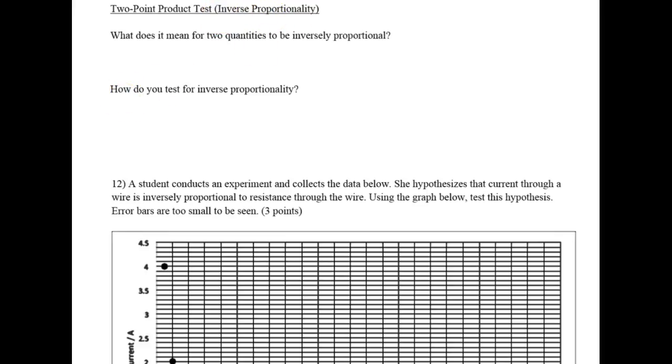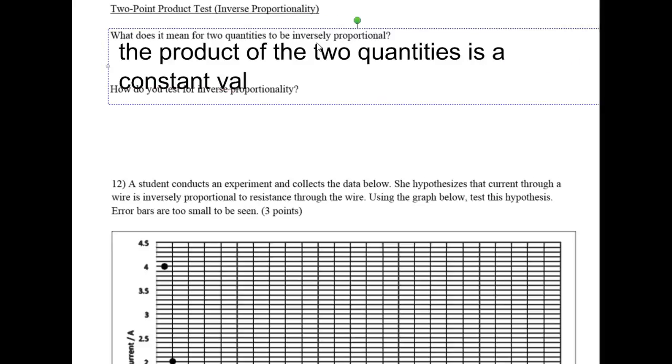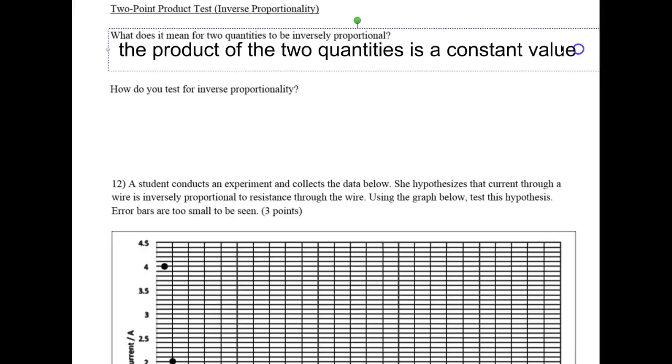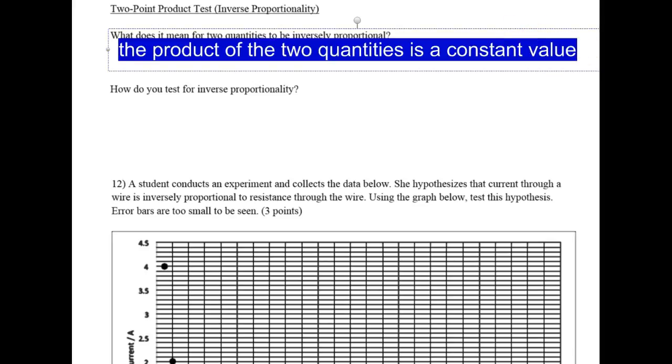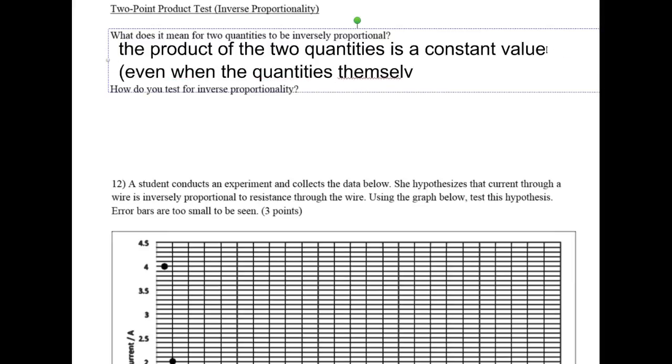Well, two quantities are inversely proportional. Here's the definition. The product of the two quantities is a constant value. And you could specify the product is a constant value even when the quantities themselves change.